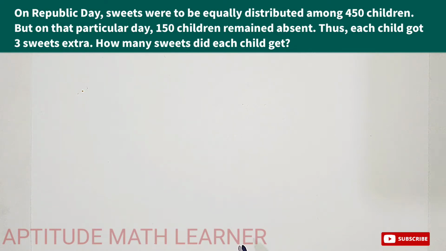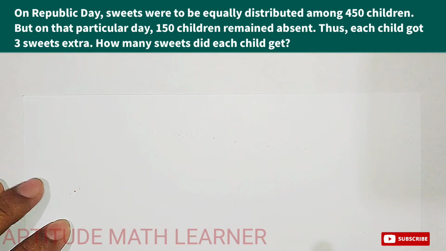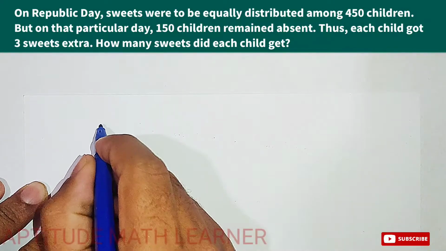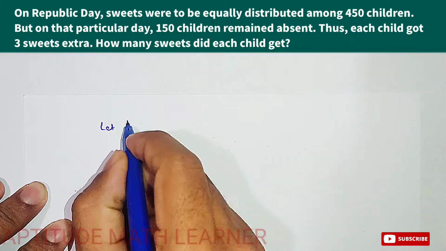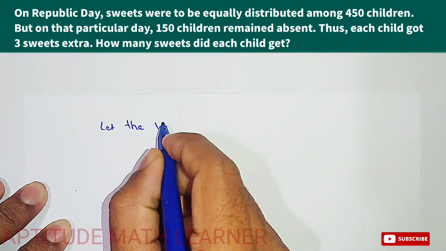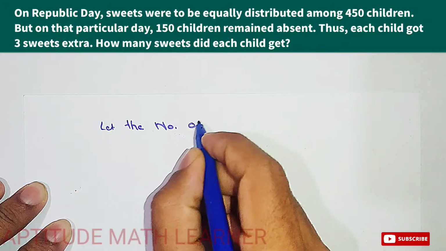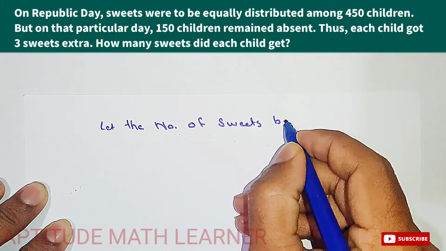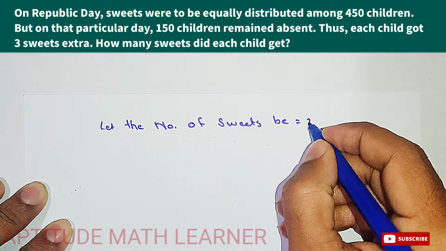So here the first thing we do is, we don't know the number of sweets, so let the number of sweets be x.